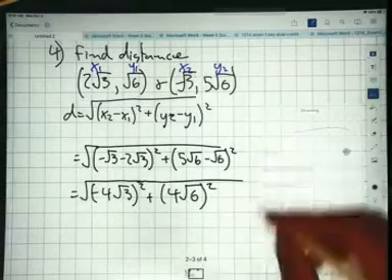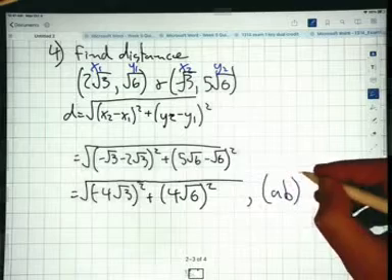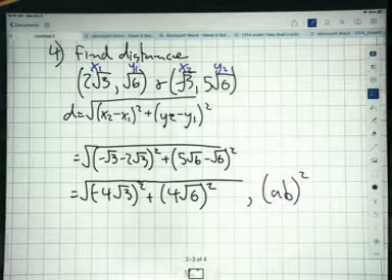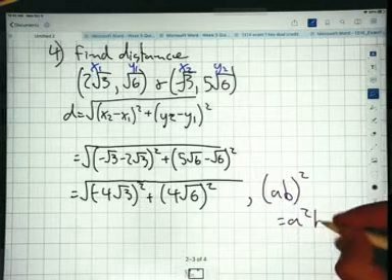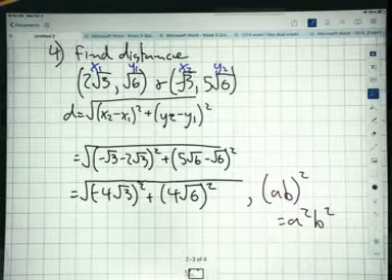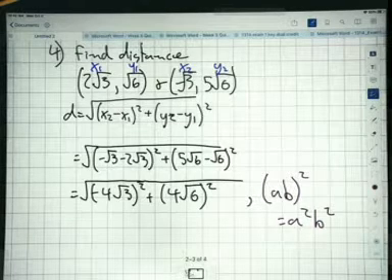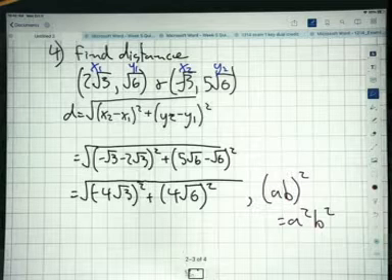So, next little thought that we've got to be aware of is if you have a times b to the power of 2, this becomes a squared times b squared.